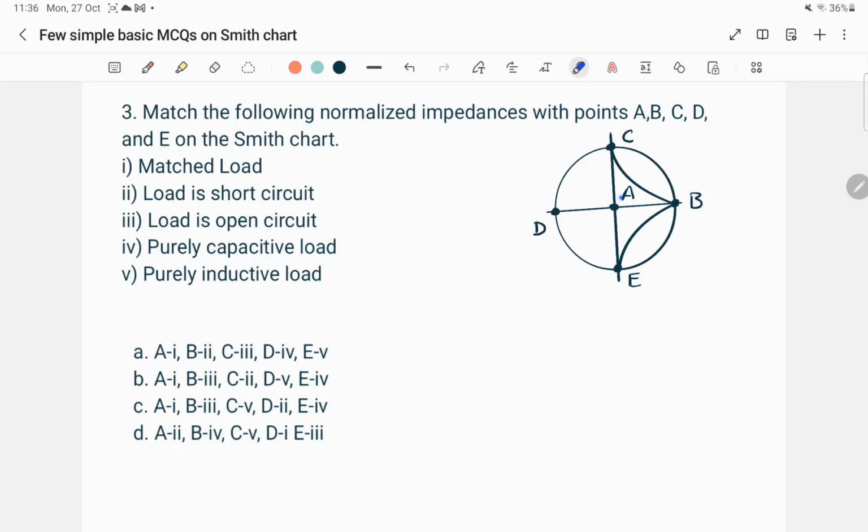There are 5 different points given in the Smith chart, A, B, C, D and E. And there are 5 different loads given here: matched load, short circuit, open circuit, purely capacitive load and purely inductive load. You need to match these and choose one of the options.